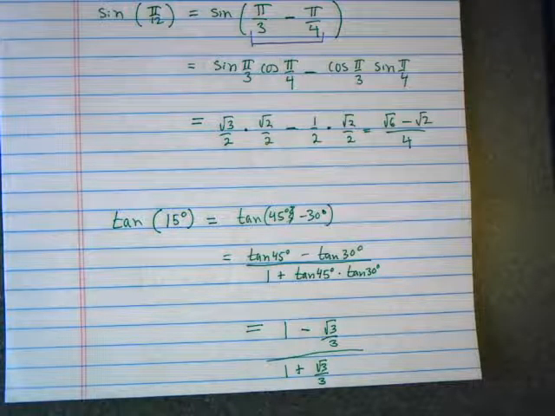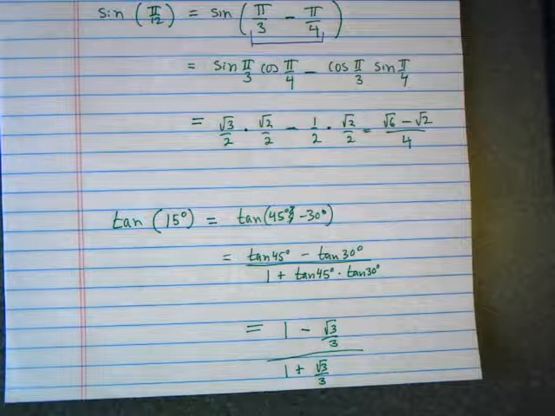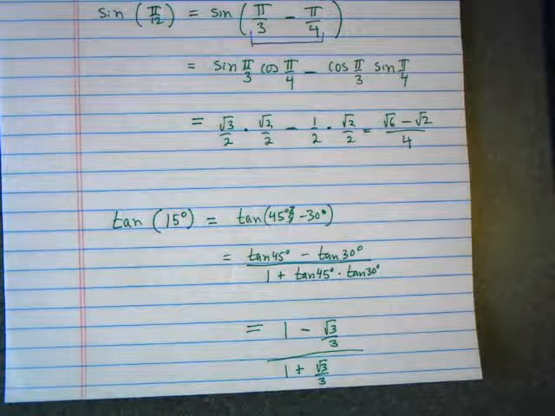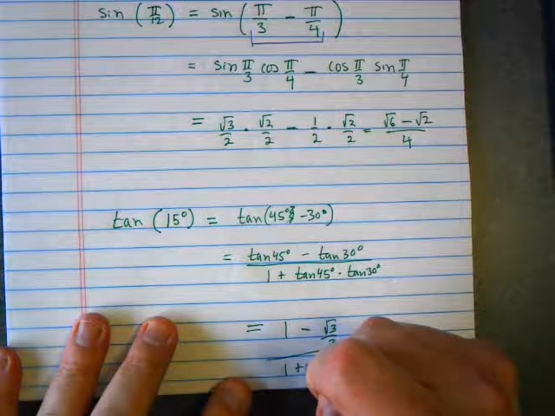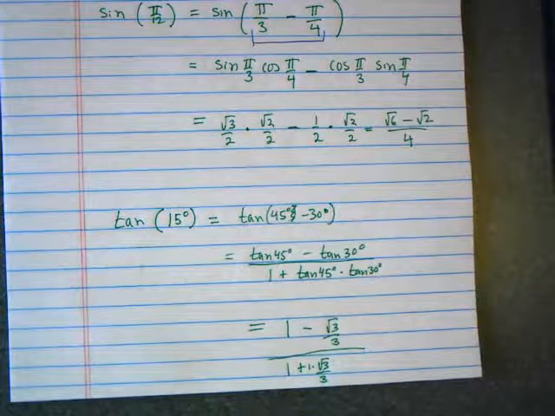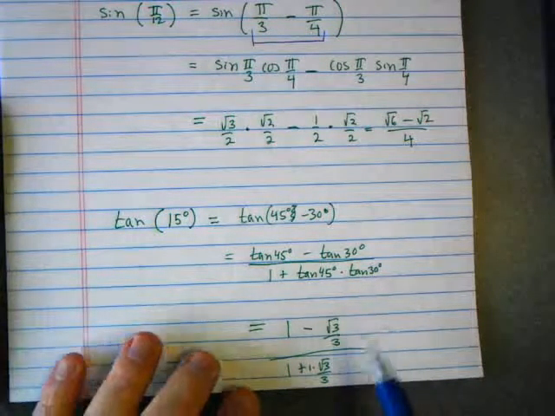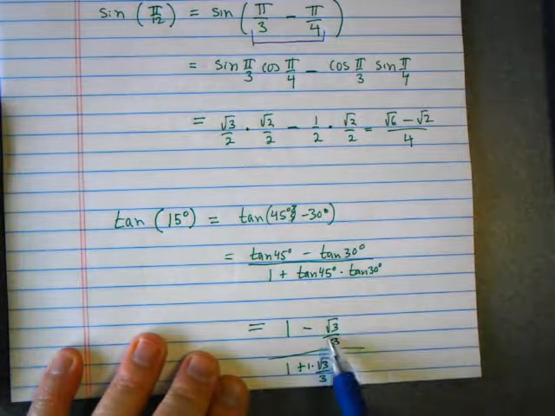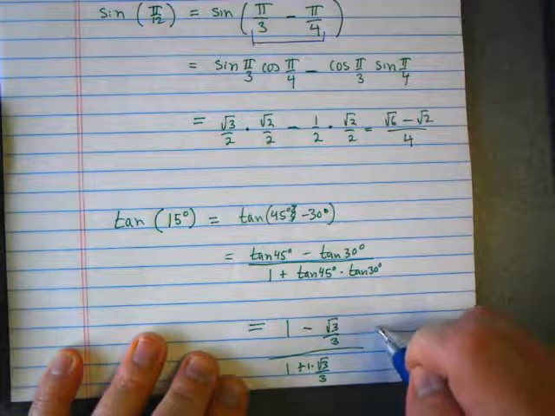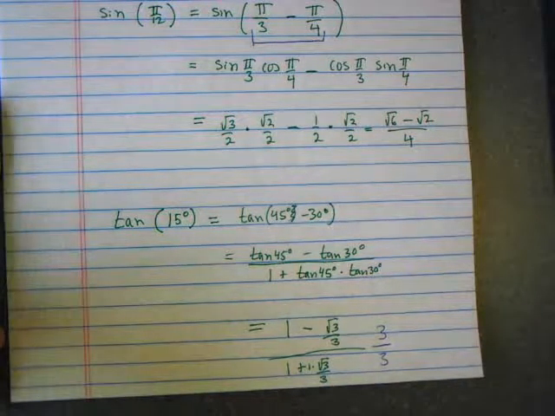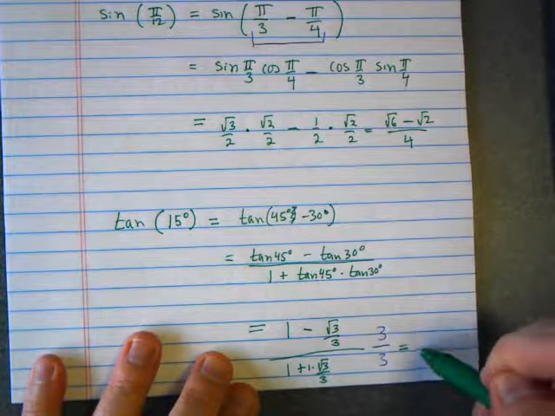Now, typically, we wouldn't leave our answer that way. This is what we call a complex fraction, when you have the big fraction and then other little fractions. Typically, we would multiply top and bottom by 3. Why is that?